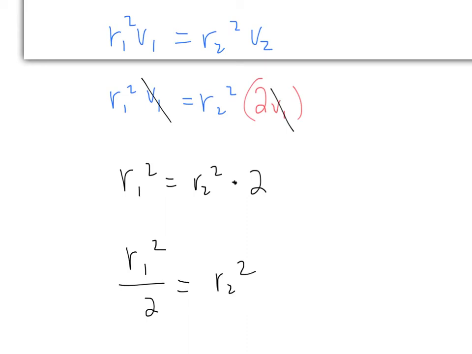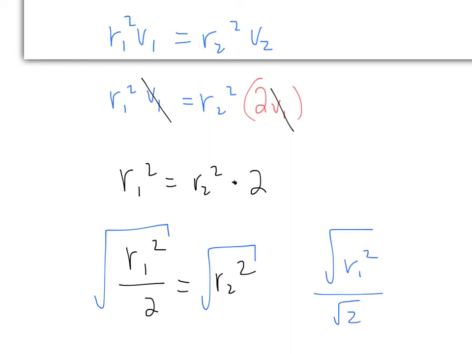So I've got R1 squared over 2 now equals R2 squared. How do I get R2 by itself? Square root both sides. When you square root both sides, this becomes radical R1 squared over radical 2 equals R2. Remember, this radical is on the whole thing. I'm going to break it up into 2 pieces. What's the square root of R1 squared?